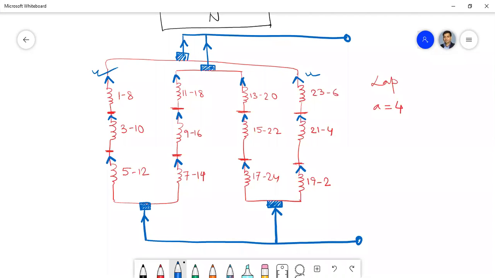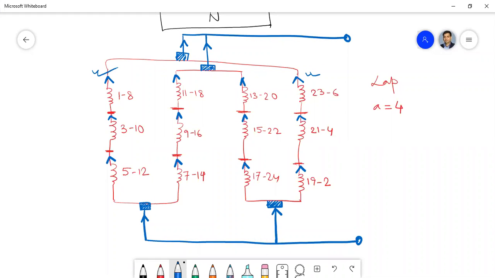So there will be 4 parallel paths, and to collect the current we need 4 brushes. So in case of lap winding, the number of brushes equals the number of parallel paths.